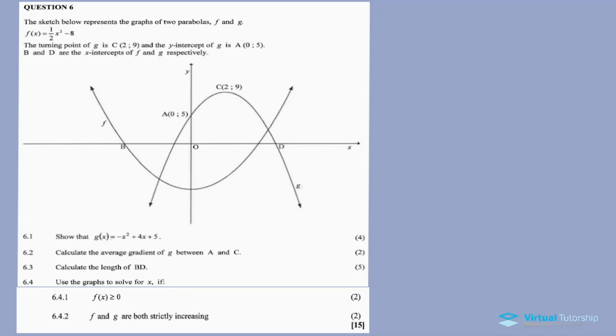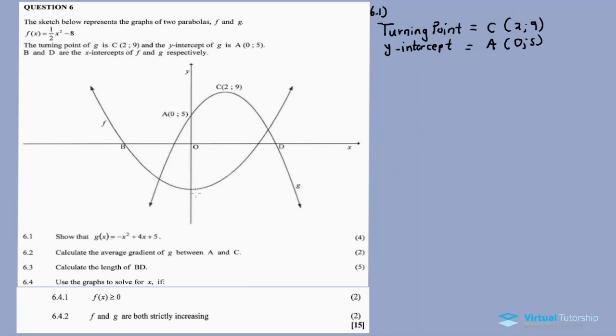So in your answer, show that this graph g has this equation. We need to find the equation of g, which must be the same as this one. In 6.1 they give us the turning point and the y-intercept of graph g.